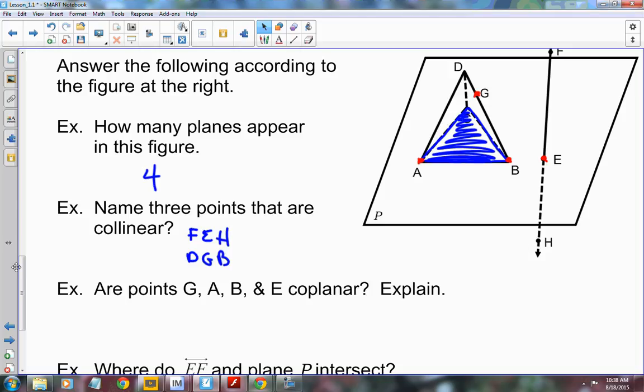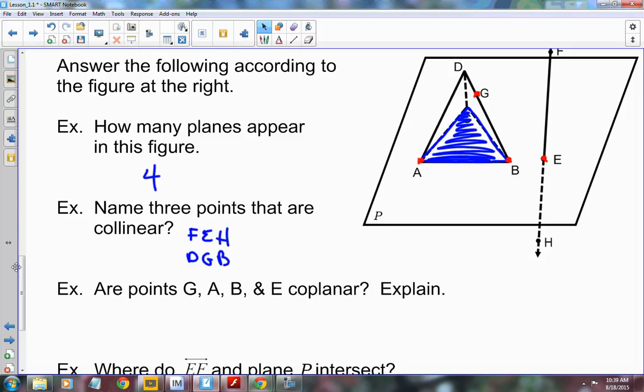So you've got A, B, and then the line's going through, so it intersects here at E, but G is up here. So are all four of those in the same plane? No. A, B, and E are, but G is out by itself. It's hanging out in space somewhere, okay? A, B, and E would be coplanar, but G is in a different plane.